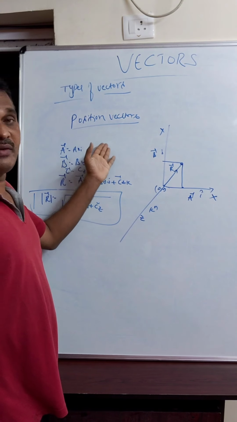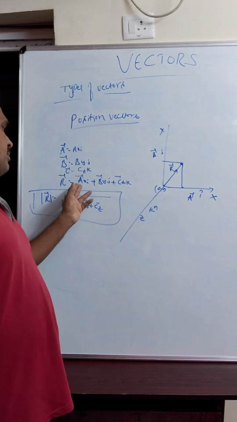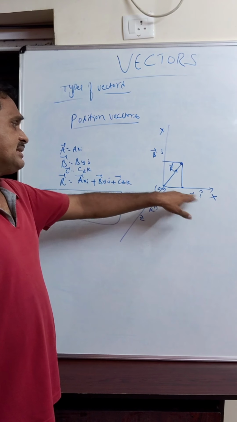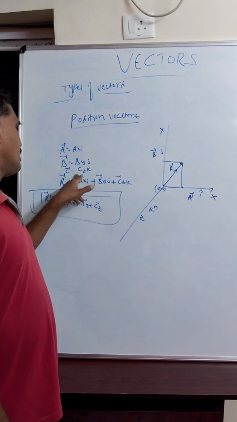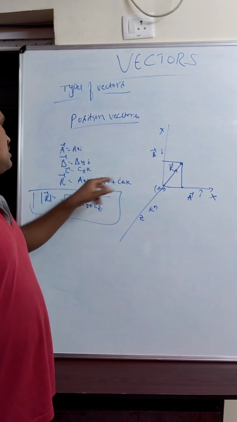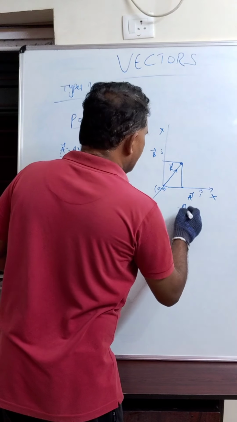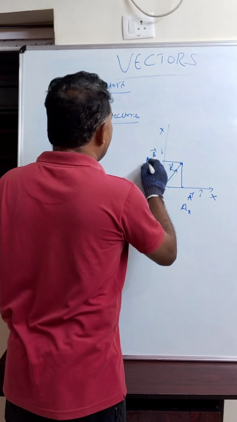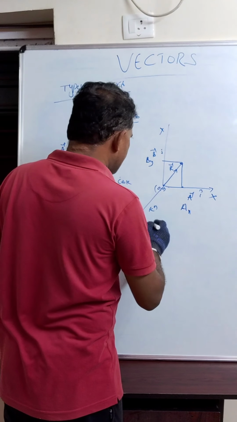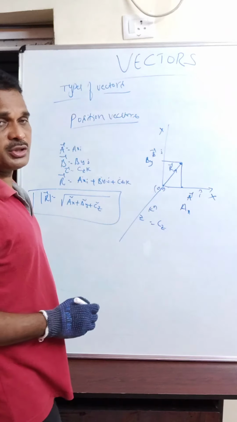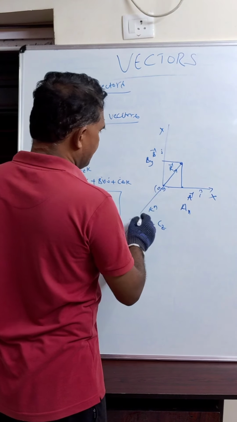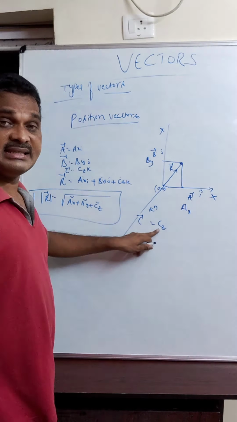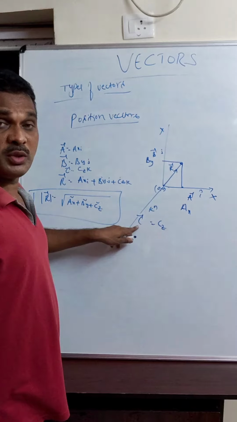We now understand what a position vector is and how to represent it: r bar is equal to ax i plus by j. The a bar vector is on the x-axis, that's why we add. ax is nothing but the magnitude of a bar, by is the magnitude of b bar, and cz is the magnitude of c bar.